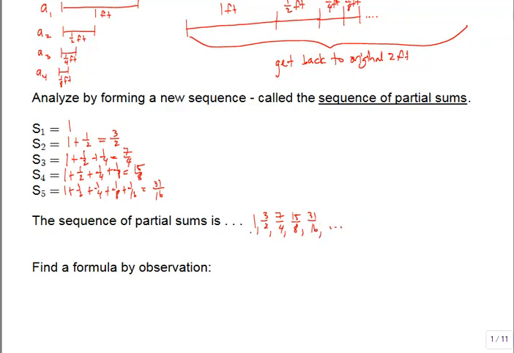Now, can we come up with a formula for this new sequence just by looking at it? We're going to call it S sub n, the nth partial sum, a generic formula for the nth term that would generalize each of these terms if we let n be 1, 2, 3, and so on. Looking at those denominators, you see those powers of 2 in the bottom.